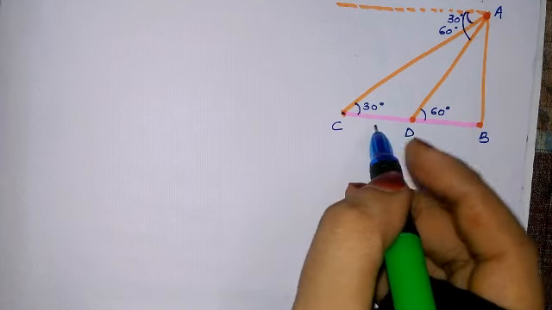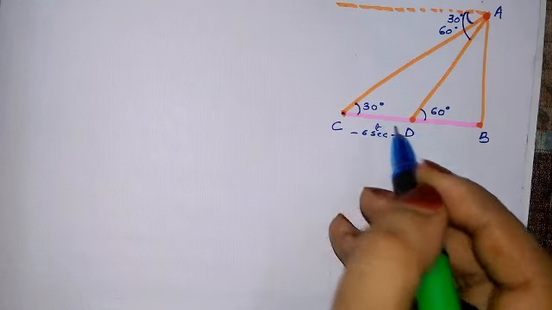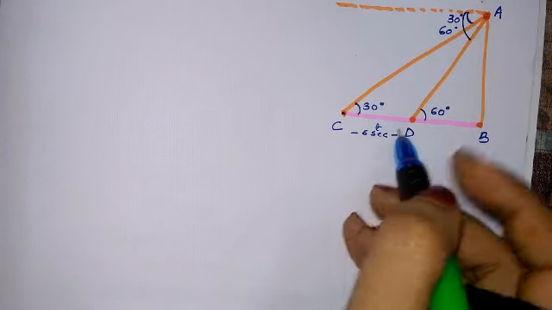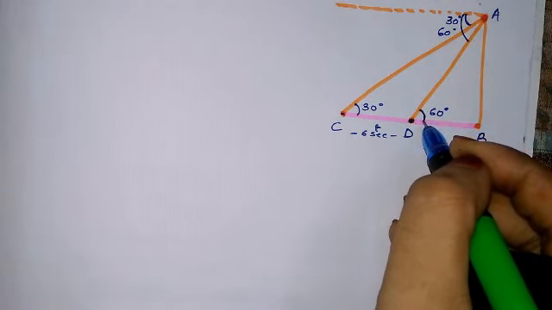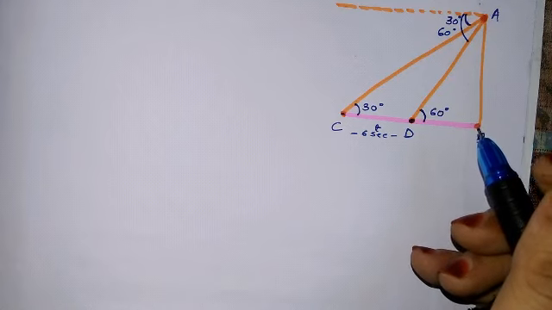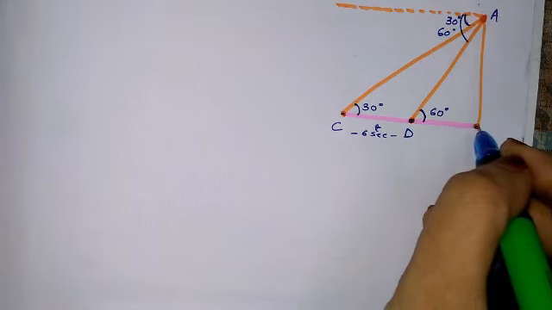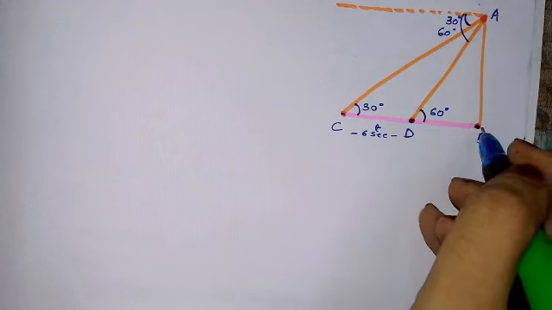After 6 seconds, time is 6 seconds. This is not distance, it is time. After 6 seconds, the car reaches here and the angle of depression changes to 60 degrees. Now what are they asking? Find the time taken by the car to reach the foot of the tower. Now from D to B, how much time will it take to reach the tower?